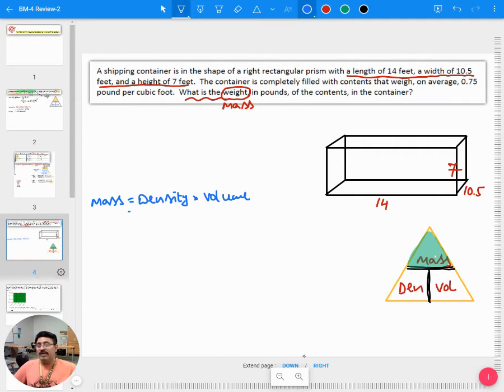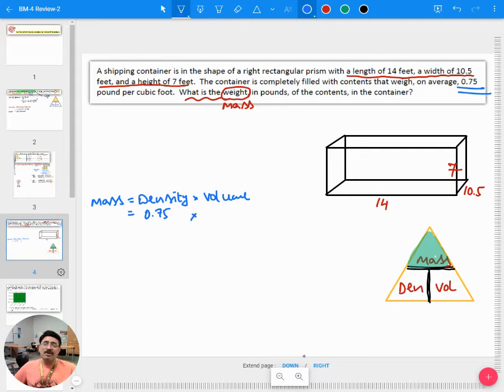Here the container is completely filled with contents that weigh on average 0.75 pound per cubic foot. This is the density that goes here, which is 0.75. And what is the volume here?